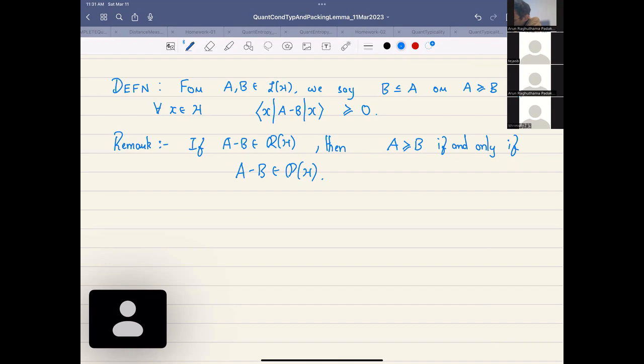So all the eigenvalues of A minus B are greater than or equal to 0.